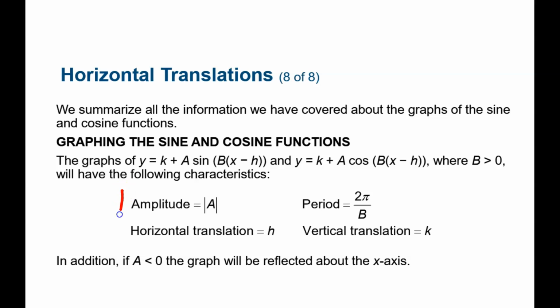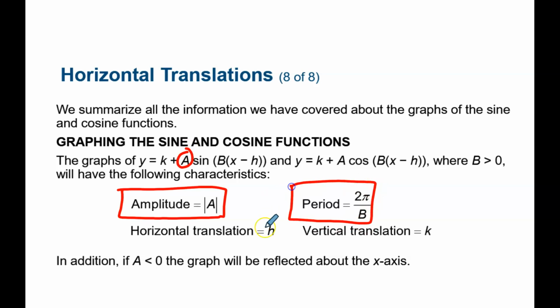The amplitude of the function will be the absolute value of a. The period of the function is 2 pi over b. The horizontal translation is h, and the vertical translation is k. In addition, if a is less than 0, then the graph will be reflected about the x-axis.